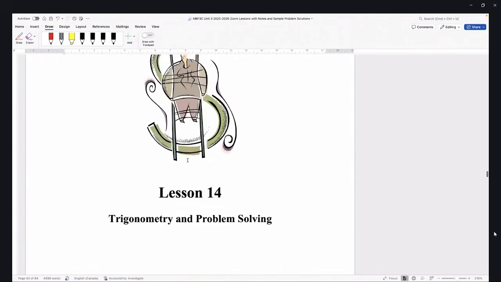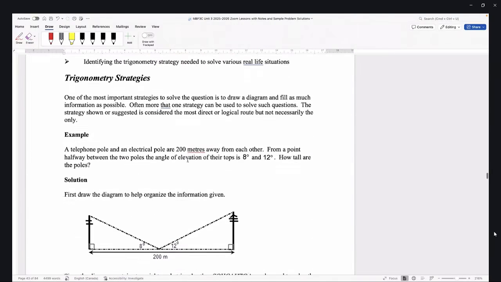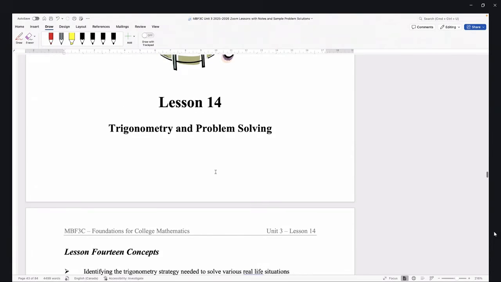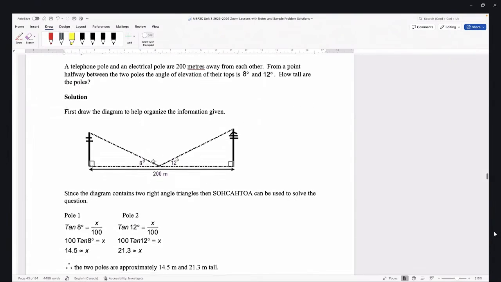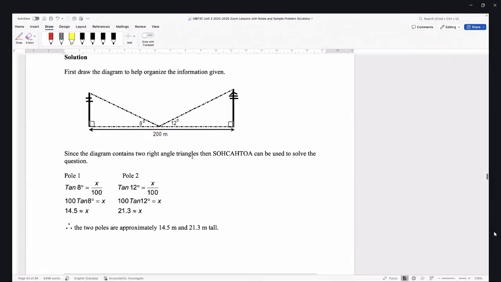Lesson number 14 is titled Trigonometry and Problem Solving. So we're going to be looking at diagrams now. Here, there's a couple of ones done for you. SOHCAHTOA, I'm going to put a space in between here because it should be spaced out.